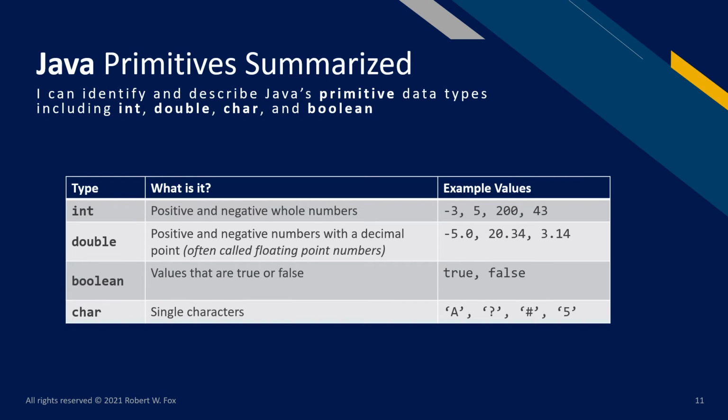This table summarizes Java's primitive types. We have int that hold positive and negative whole numbers. We have doubles that also can include a decimal point. We have booleans that can be true and false, and we have chars, which are single characters. There actually are a few other primitive types besides these, but these are the ones that are going to be relevant to this course.